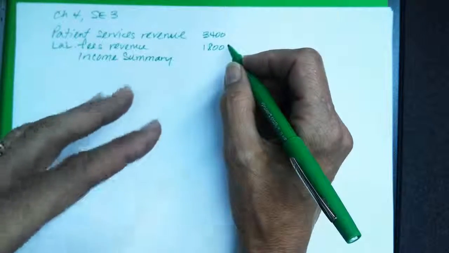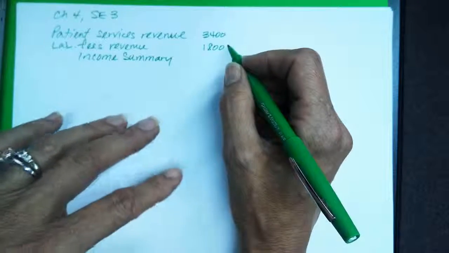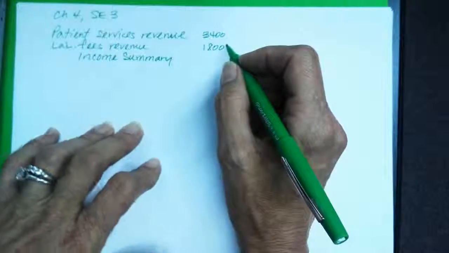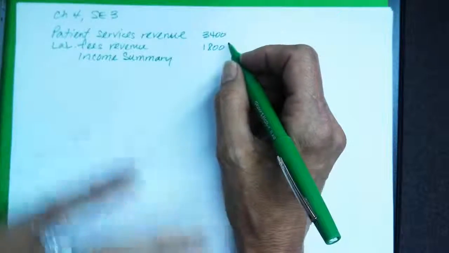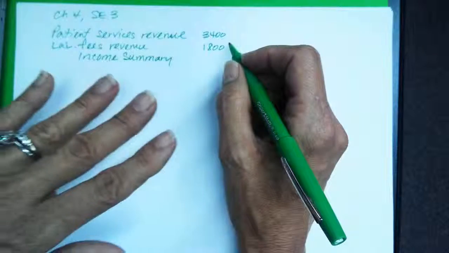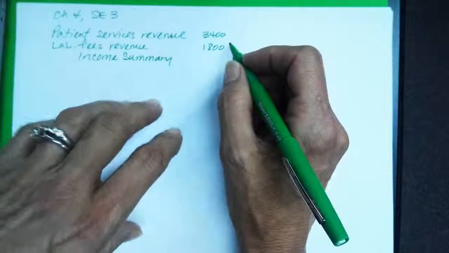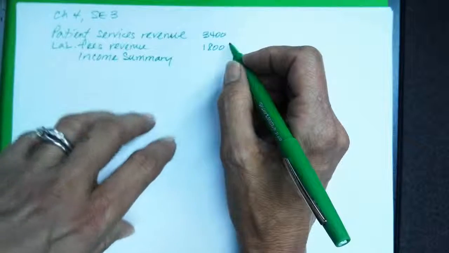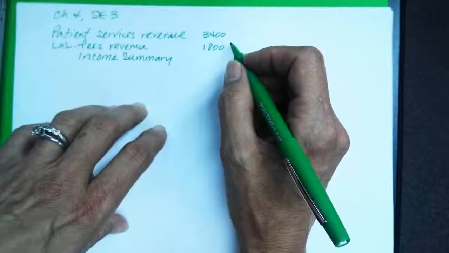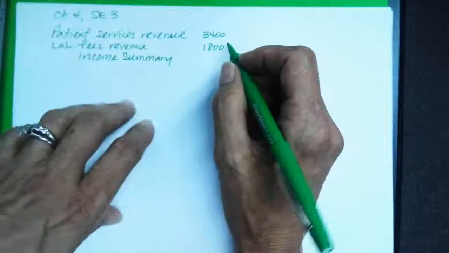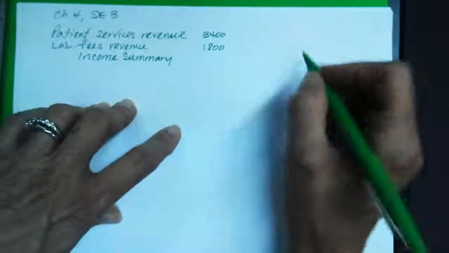In a way, it's a wasted step, because you could just close revenues and expenses straight out. You could just close them directly to the capital account. You could increase capital for all the revenues. You could decrease capital for all the expenses. Debit capital, credit expenses. The income summary gives us the ability to make sure that we've included everything.